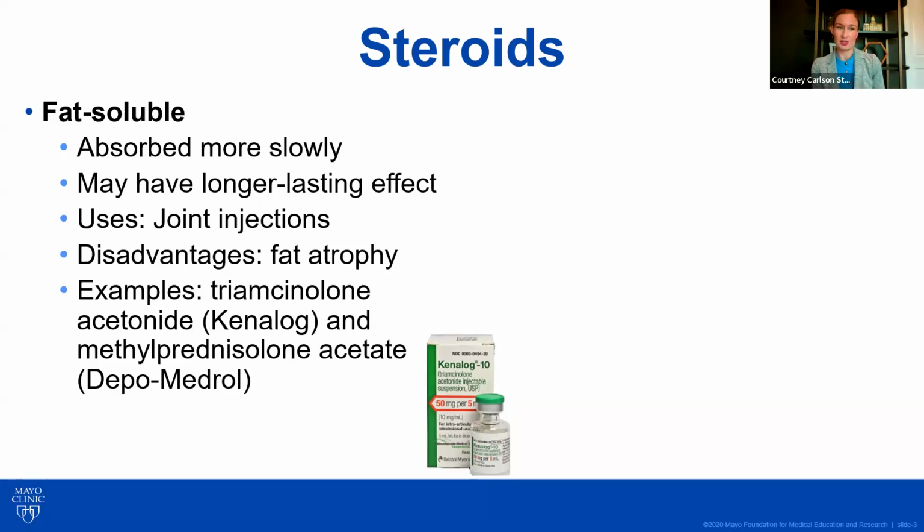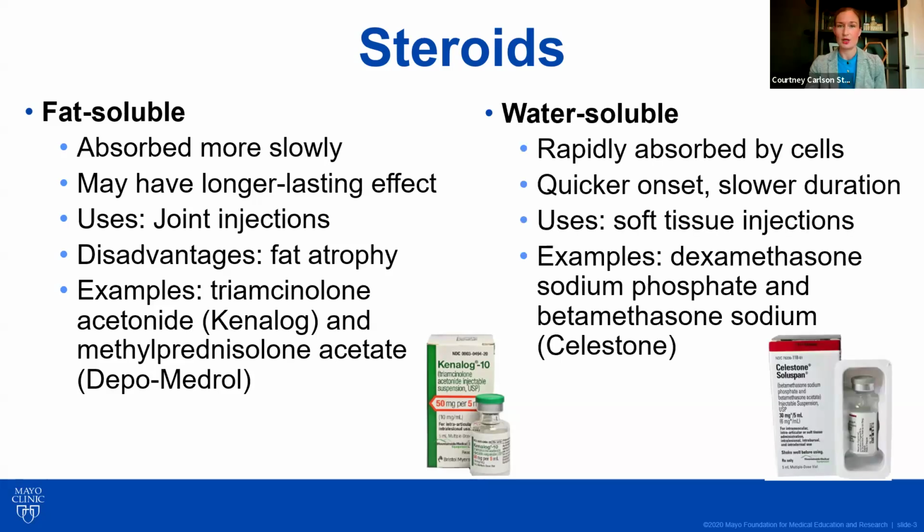Typically, fat-soluble steroids are used with joint injections, particularly in the consideration of joint arthritis pain. But one important disadvantage is they do have a slightly higher increased risk of side effects such as fat atrophy or skin atrophy. Examples of fat-soluble steroids are triamcinolone, such as Kenalog, or methylprednisolone acetate, or Depo-Medrol.